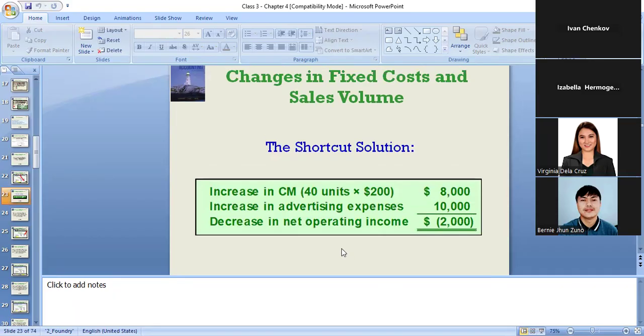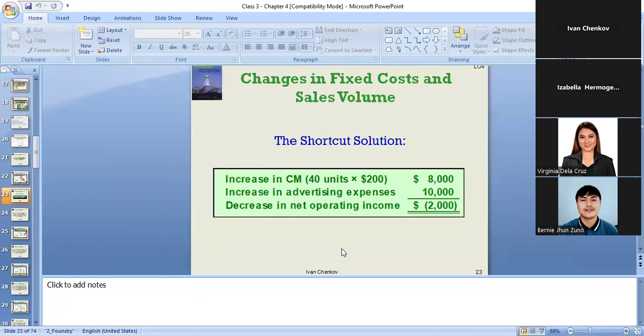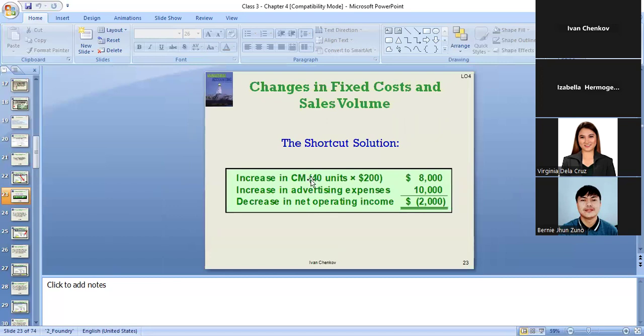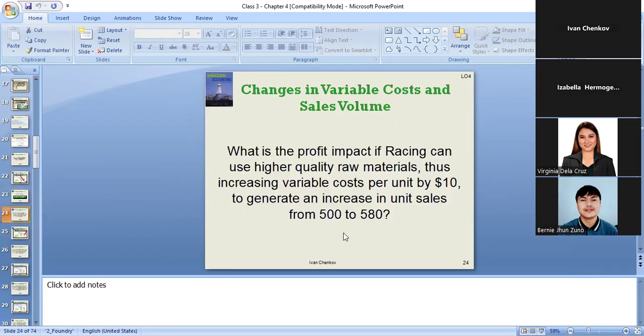This is the rationale of what they just said: the increase in the contribution margin will be only $8,000, 40 units times 200, but the fixed cost is going to jump by 10,000, so they lose $2,000. Then we're going to go to the different scenarios.